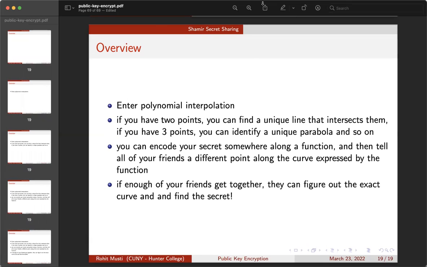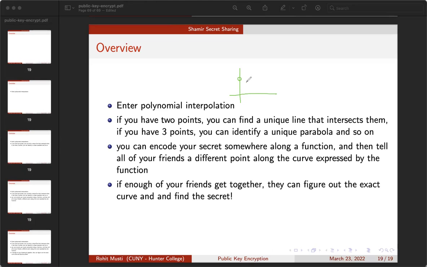So let's say I have 2 friends. My 2 friends are, you guessed it, Alice and Bob. And my secret is that I am 6 feet tall. So in the graph, I'm going to code my secret on the origin. So right here is my secret.